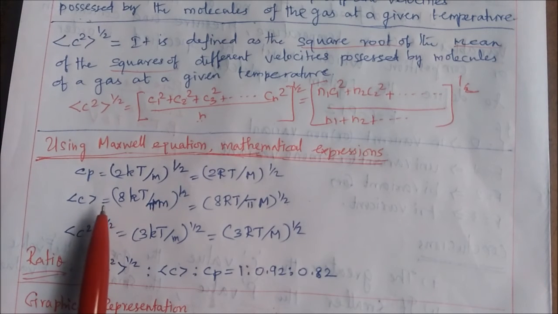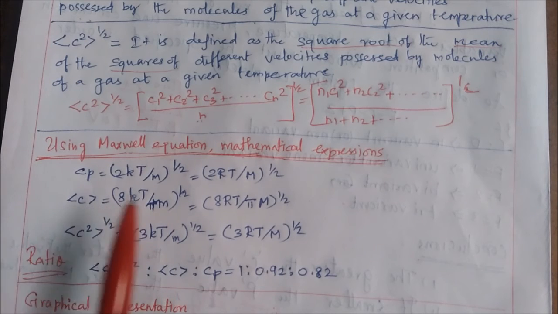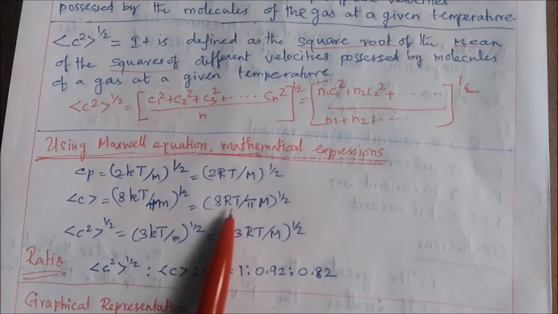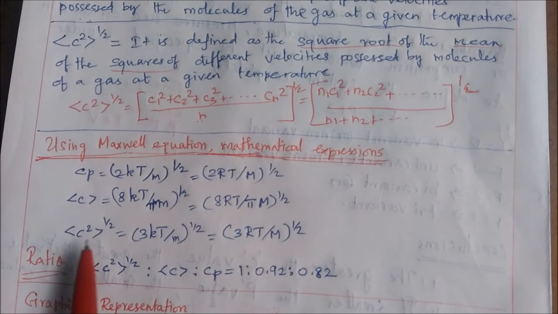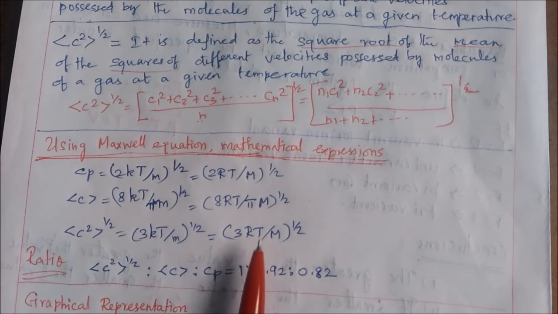The average velocity is equal to (8kT divided by pi m) whole power 1 by 2, which is equal to (8RT by pi M) whole power 1 by 2. This is the formula used to find the average speed. Then the root mean square velocity is equal to (3kT by m) whole power 1 by 2, which is equal to (3RT by M) whole power 1 by 2. This is the formula used to find out the root mean square velocity of a gaseous molecule.